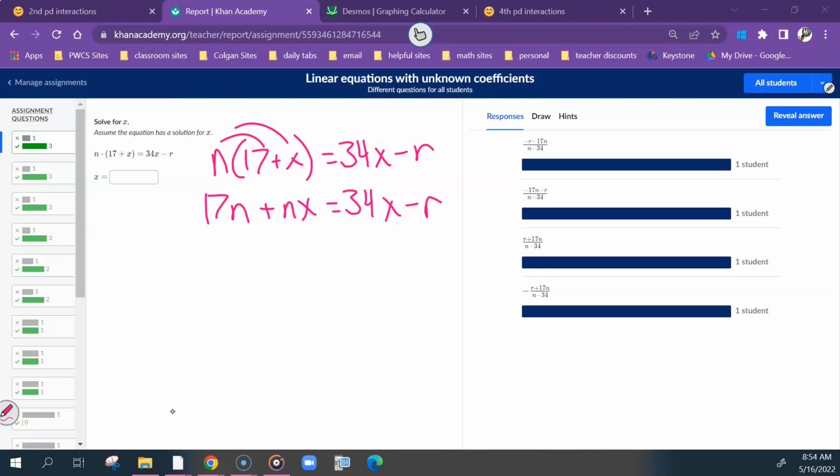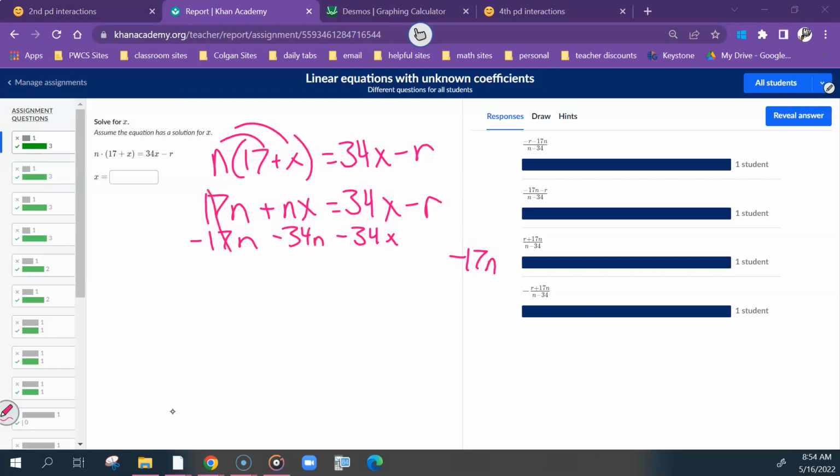And then what we want to do is get all of the x's on the same side and everything else on the opposite side. It does not matter the order. So I could move 34x over and get rid of 17n. I'm doing them both at the same time.